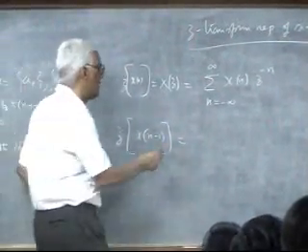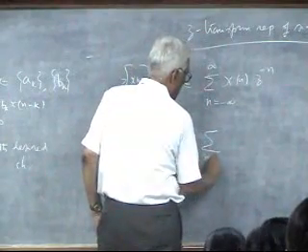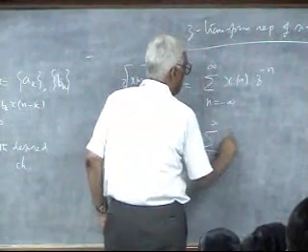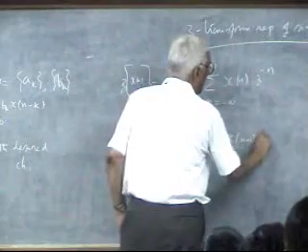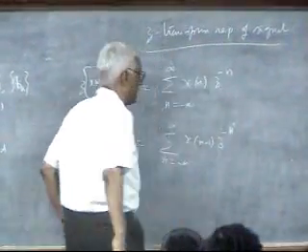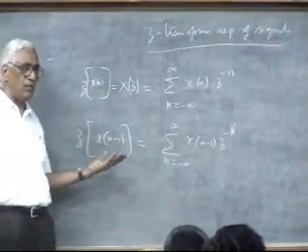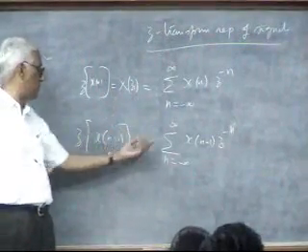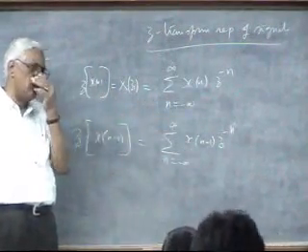It's very easy. Start with the definition first: the summation over n from minus infinity to plus infinity of x[n minus 1] Z to the power of minus n. That is what you are writing. Notice I just reproduced x[n minus 1] in place of x[n].